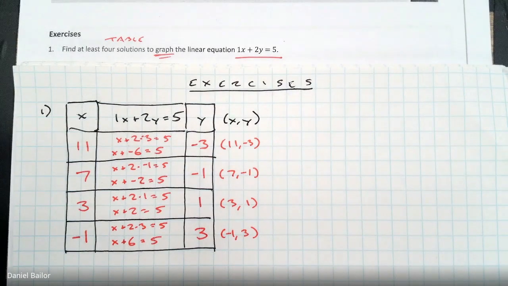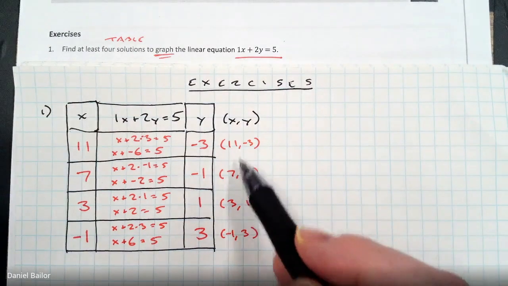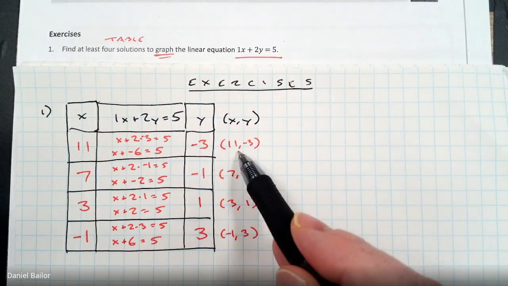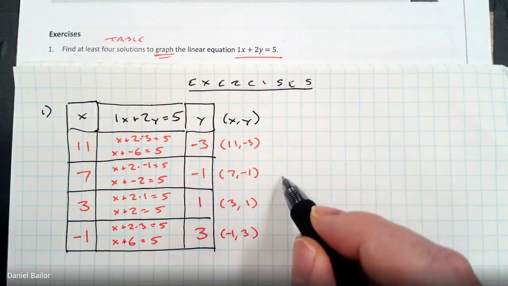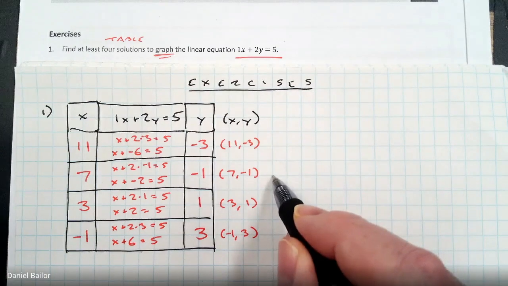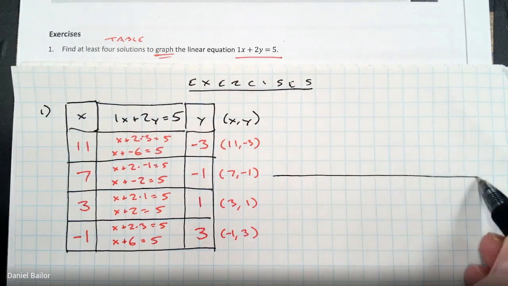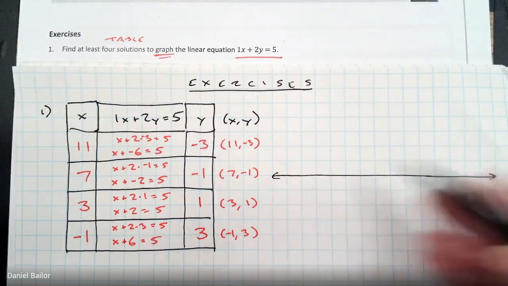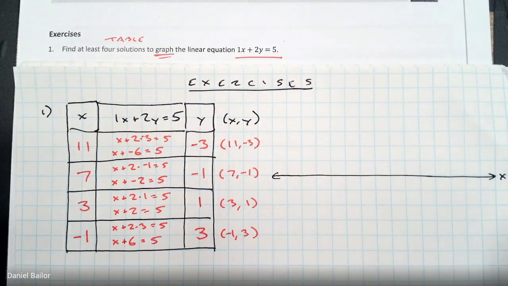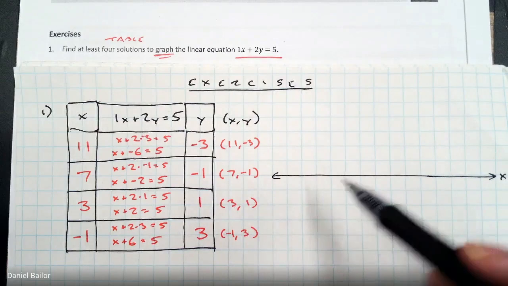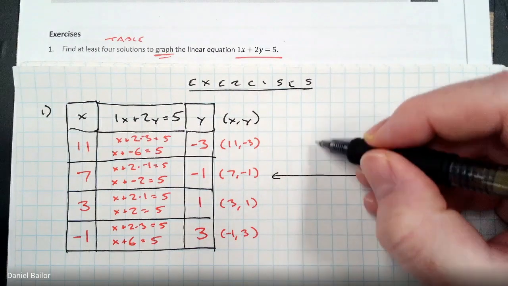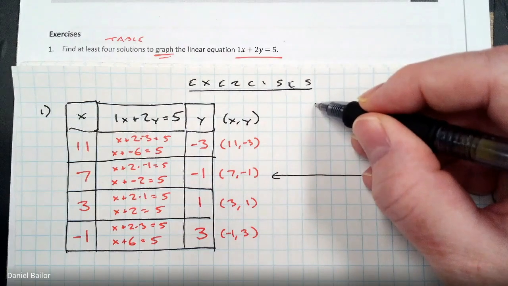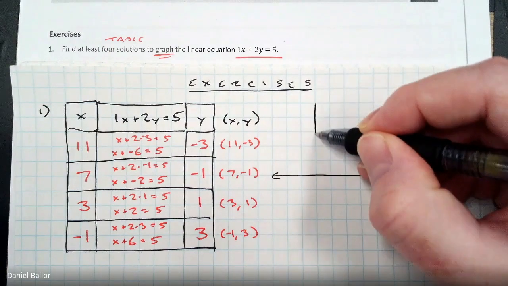So I need to make sure that I have enough room. So my x's go from -1 to 11, and my y's go from -3 to 3. So I think I can probably fit it right here. I'm just going to do a straight line like that for my x's. And because I know x has to go to -1, I'm going to make some room for negatives. So I'm going to put my y-axis right here.